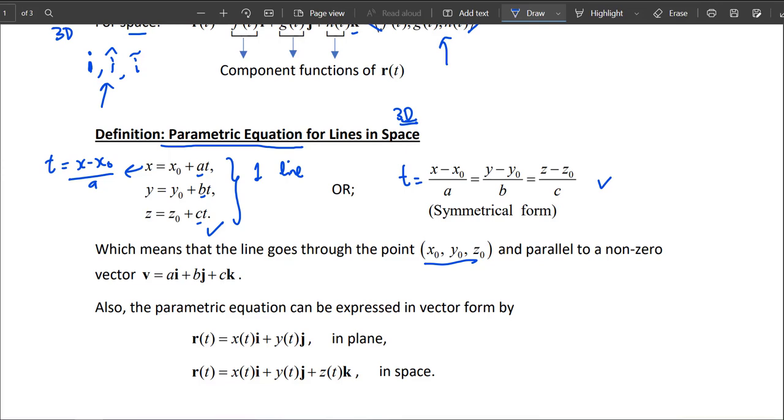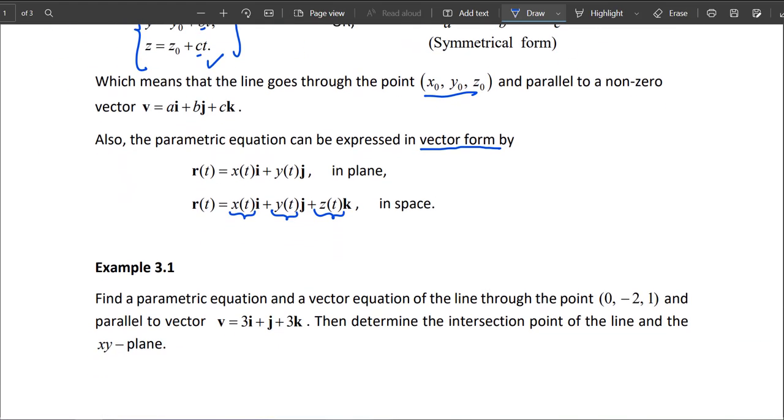Besides the parametric equation, this line equation can also be expressed in vector form. This is how we write it in vector form: r(t) is equal to ⟨x(t), y(t), z(t)⟩, where x, y, and z are the components. So we can rewrite the parametric equation in vector form.